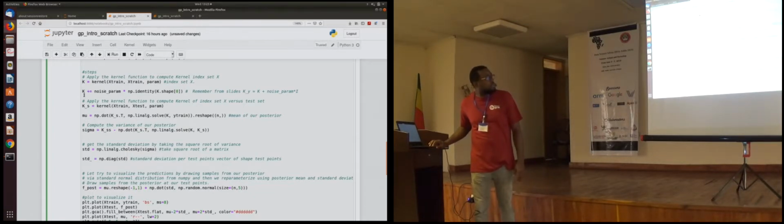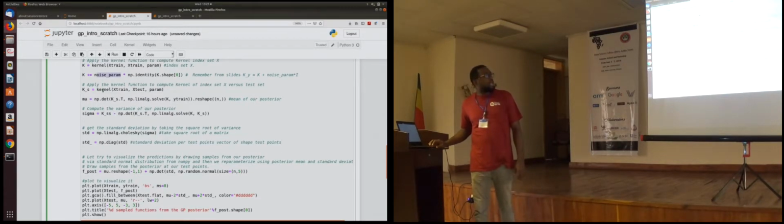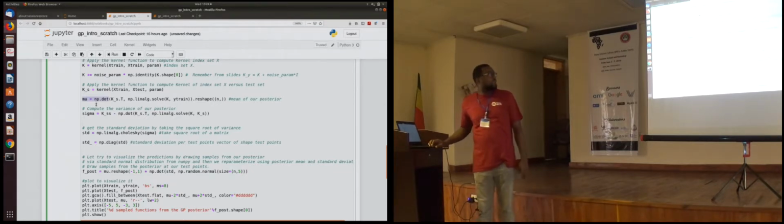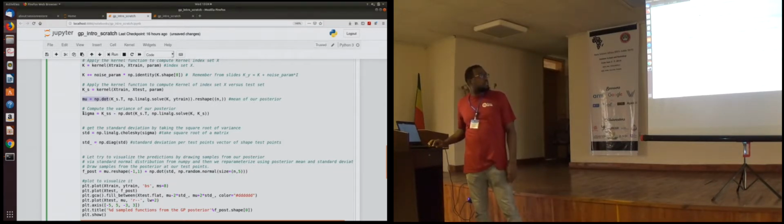If you look at the notes, it is k plus this noise parameter times the identity, and ks is actually the covariance between my training set and my test sets. And then here I evaluate this mu. If you look at the slide, the mu star, this is it, okay?